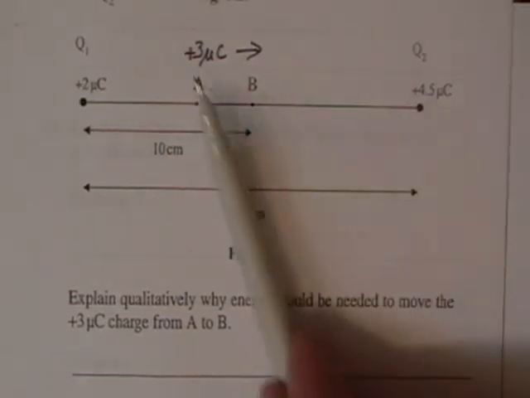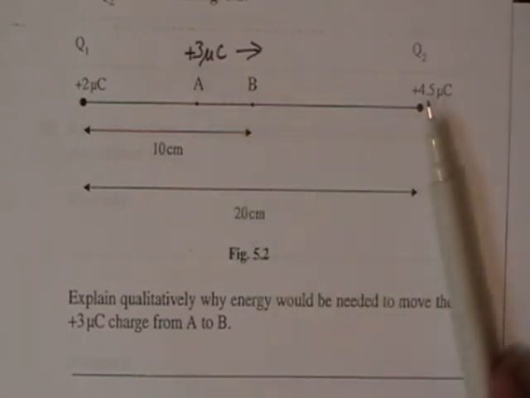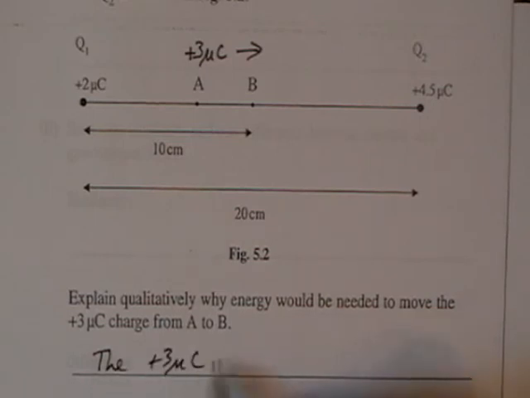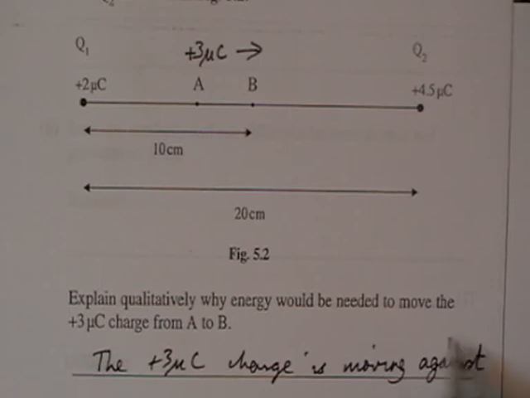That's plus and that's plus, therefore you're moving it against the repulsive force due to Q2. So the plus 3 microcoulomb charge is moving against the repulsive force of Q2.